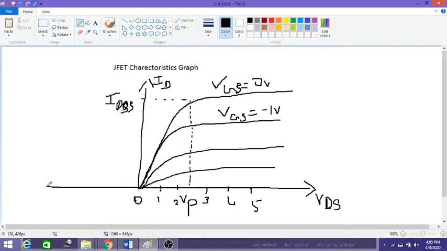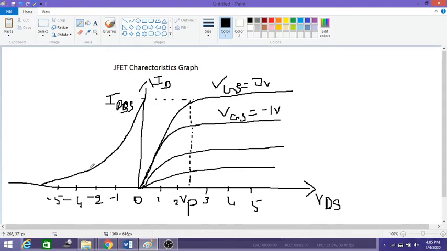And likewise, on the left side we will get one more graph. This graph we call a transfer characteristic graph, and here the voltages are negative voltages. So these are all negative voltages: -4, -5 and so on.